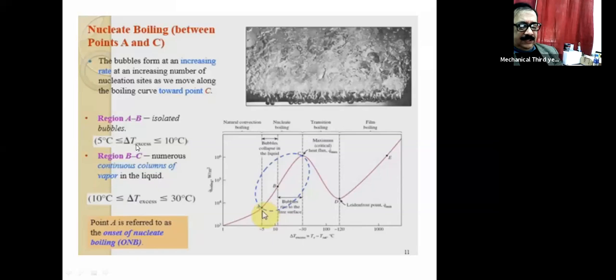That is, T excess is between 5 to 10 degrees. So in this region, this happens: a bubble is forming and it is collapsing in the liquid again.